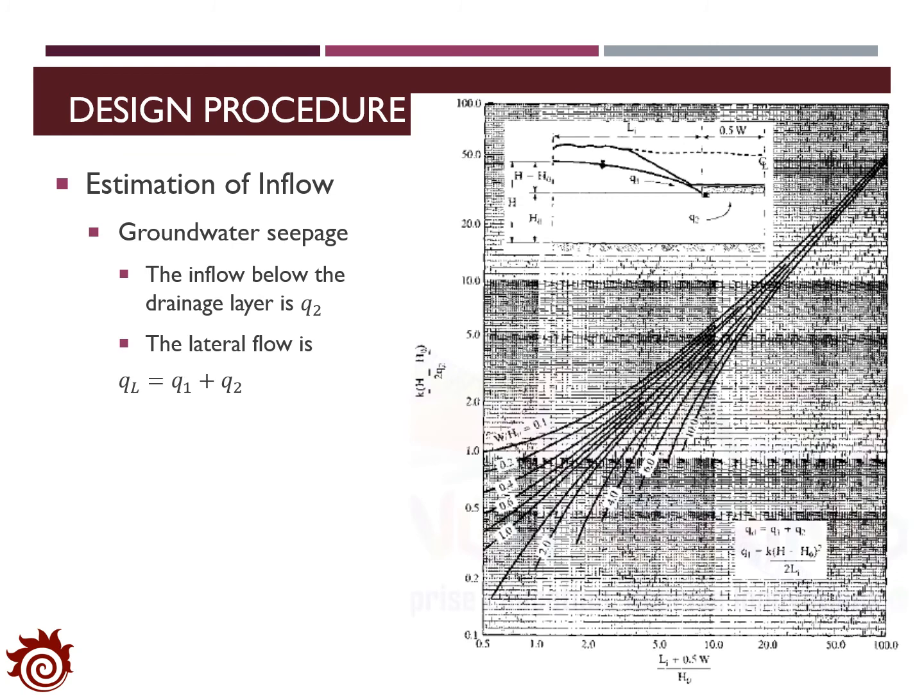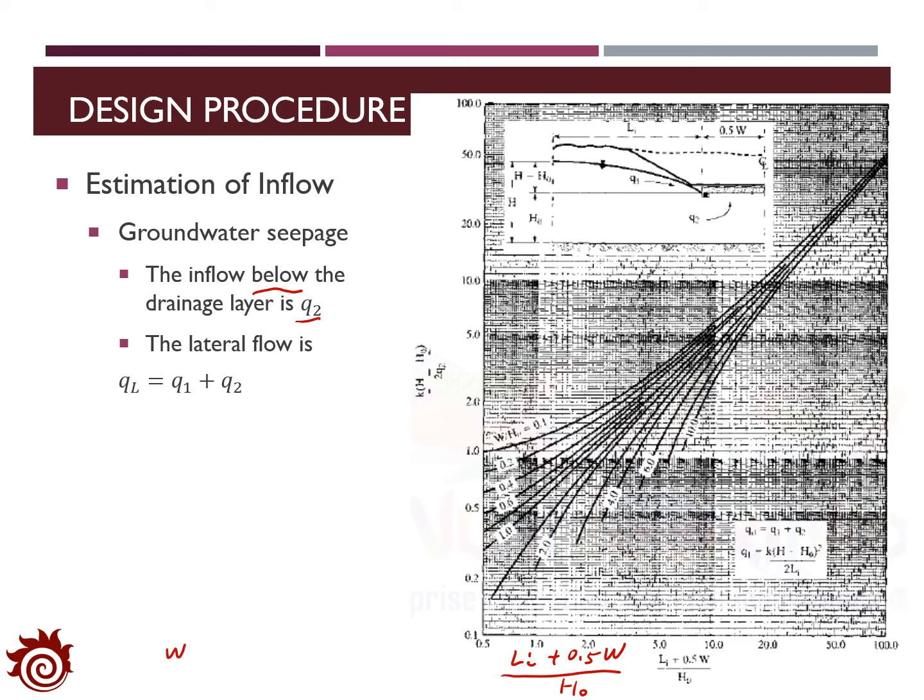In reality, the groundwater seepage can also enter the pavement structure from the bottom of the drainage layer. In that sense, we also need to estimate the inflow below the drainage layer, which is Q2. Usually, the value of Q2 can be obtained from the figure on the right. In this figure, the horizontal axis represents the value of (Li plus 0.5 W) over H0.